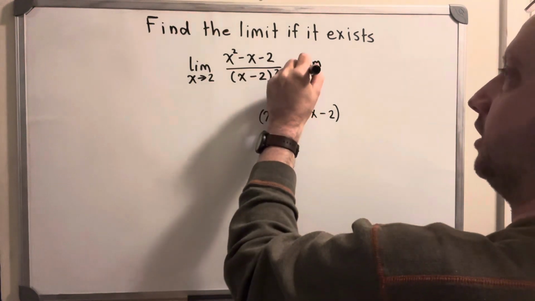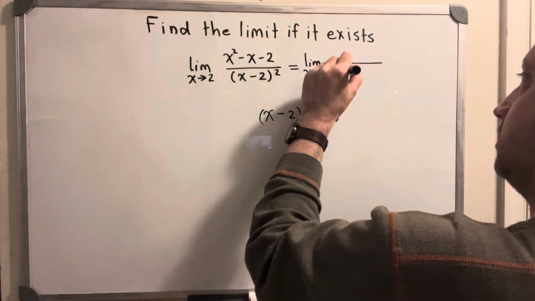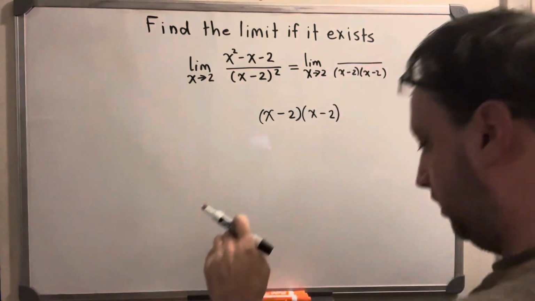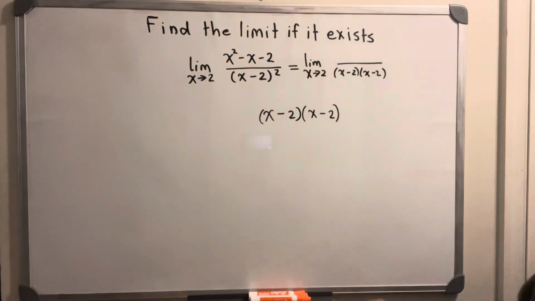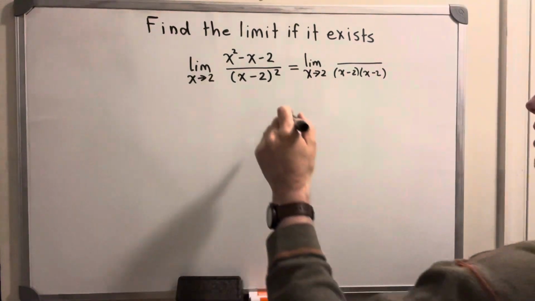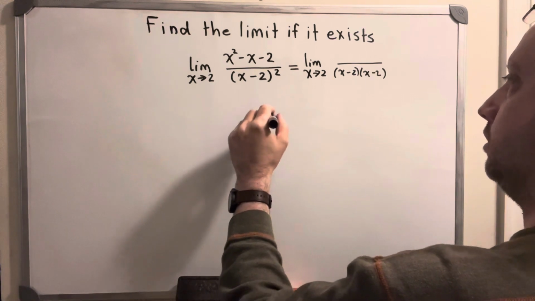First of all, let's write this. Now, x squared minus x minus 2.